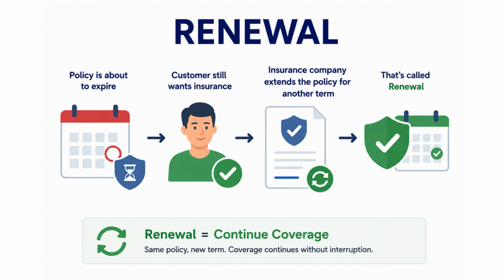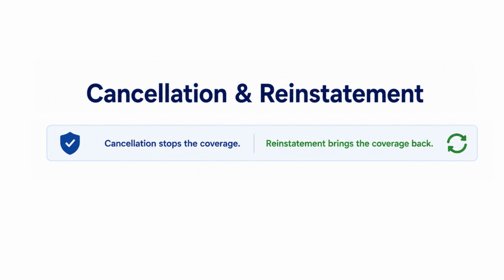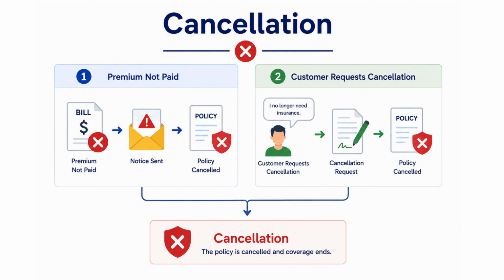All right, now let's look at the other transactions called cancellation and reinstatement. Now let's look at the opposite situation. Suppose the customer doesn't pay the premium. The insurance company may decide to cancel the policy after giving the required notice. Or maybe the customer himself decides he no longer needs insurance and requests cancellation.